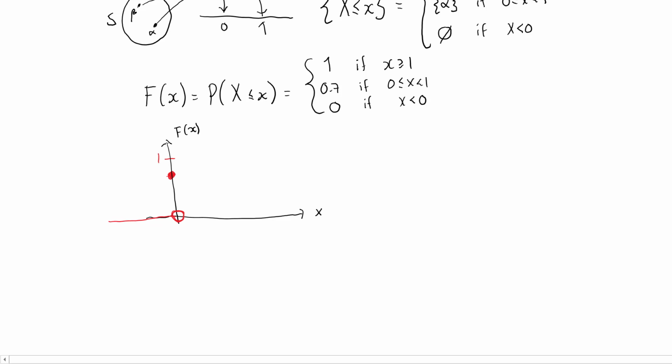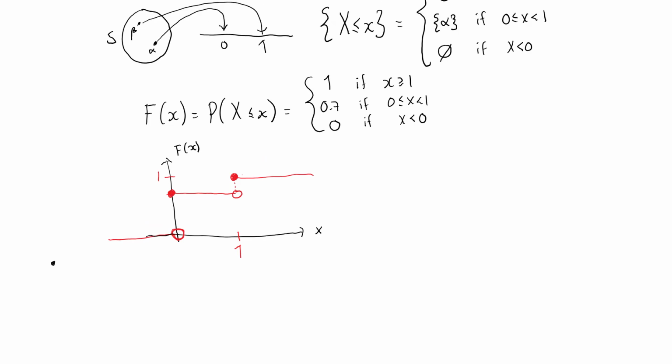So there is a jump in the function from 0 to 0.7 at x equal to 0. Then it is equal to 0.7 all the way until we get to the number 1, when there is an additional jump, in this case up to 1. When x is equal to 1, F of x is equal to 1, and then it stays at 1. So this is the graph of the CDF function F of x for this particular example.